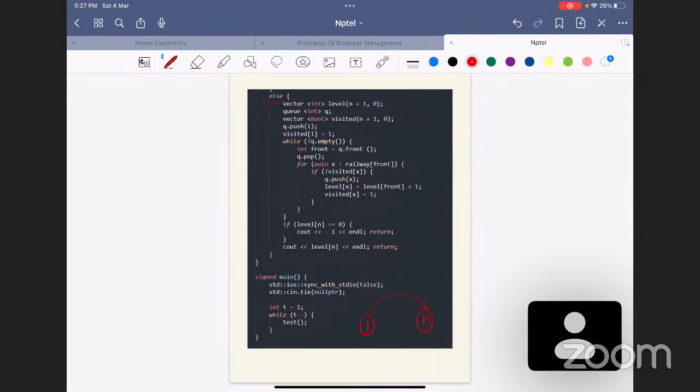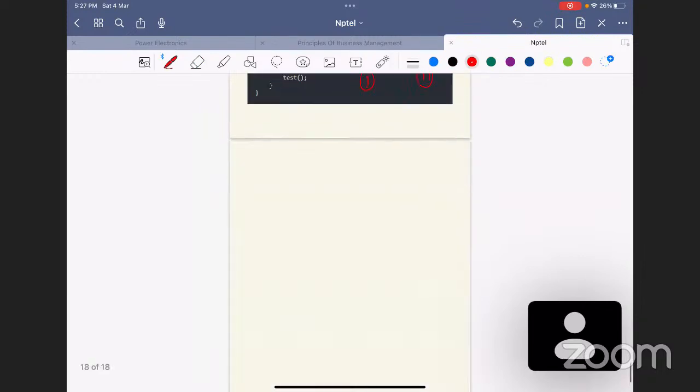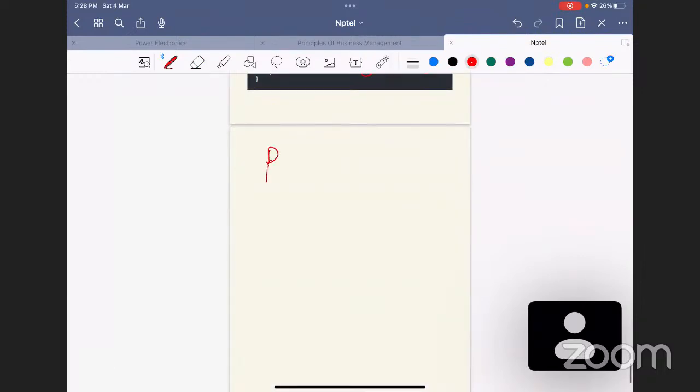So in the else part, we do the same thing, but for the railway network. So basically what we have done is run the BFS algorithm only once, either for the railway network or for the road network. And this way we're solving this question.